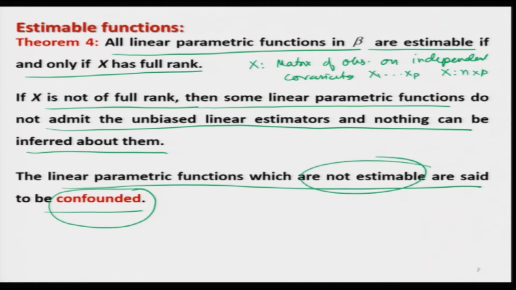Keep this definition in mind, because it will be used when we consider factorial experiments towards the end of the course, and at that time I will request you to recall it.